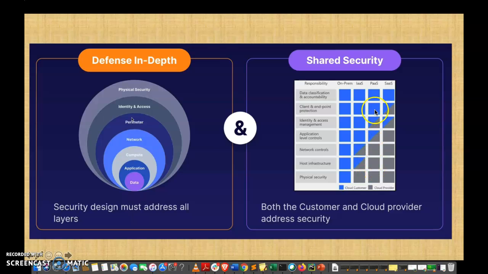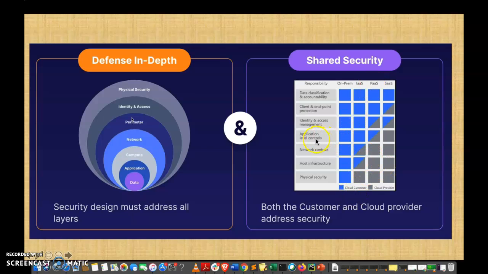For PaaS and SaaS, you won't see any host infrastructure or operating system level, so that is taken care of. Then network controls: partial network controls are with you and partial are with the cloud provider when it comes to infrastructure as a service. For PaaS and SaaS, network controls completely go to the cloud provider.